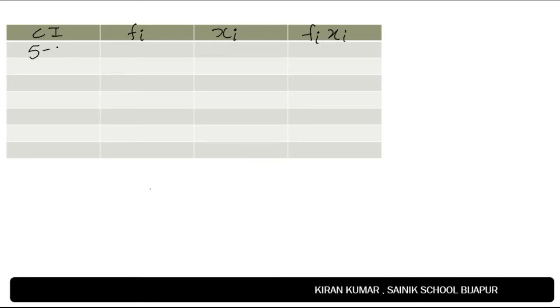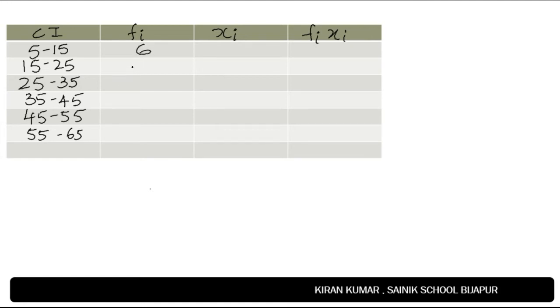The class intervals are 5 to 15, 15 to 25, 25 to 35, 35 to 45, 45 to 55, and 55 to 65. The respective frequencies are 6, 11, 21, 23, 14, 5, and sigma Fi, the sum of the frequencies, is 80. In adding, we get it as 80.